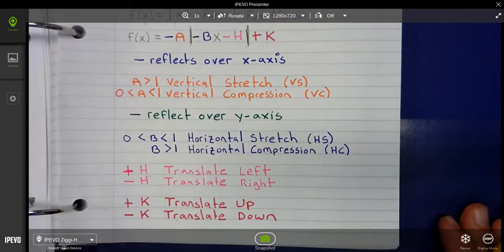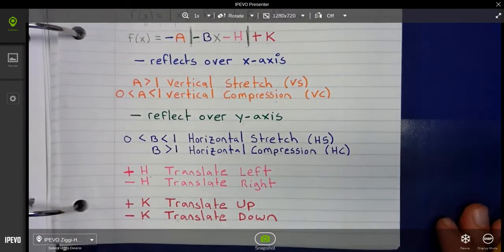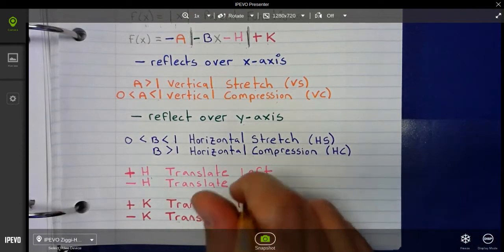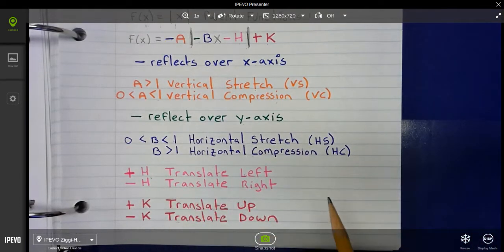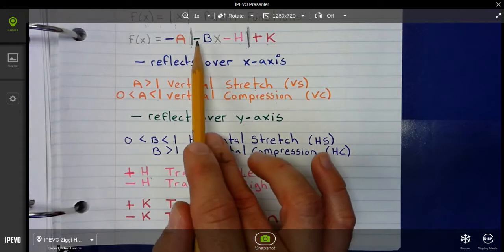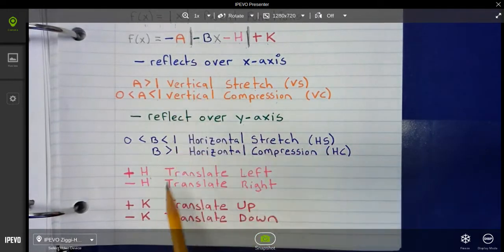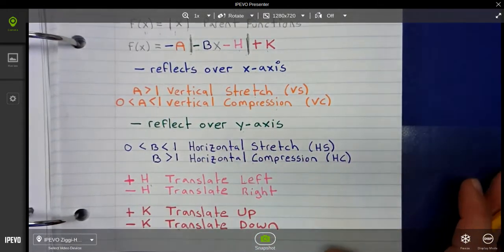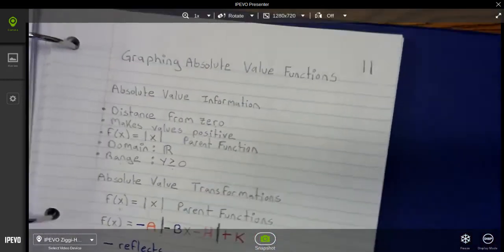That should get you updated on all those notes. Remember, you need to refer back to this anytime you're looking at the transformation. So you look at the function and then say, where does this work? It does this. All right, let's move on to the example.